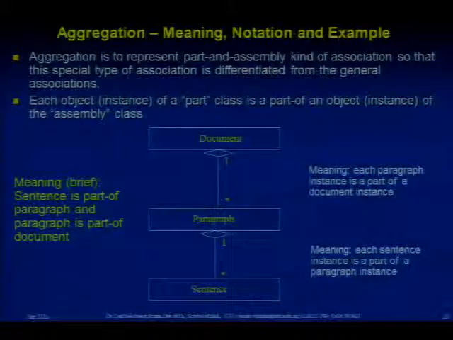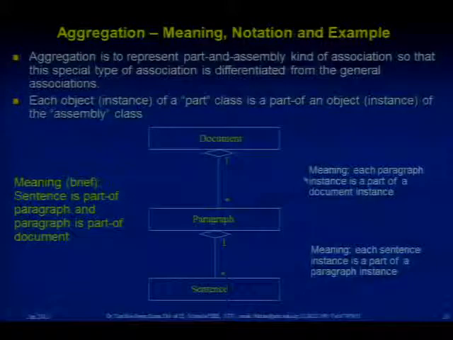So paragraph is part of one document, and each document can have many paragraphs in it. So this is a special type of interaction, a part and assembly kind of interaction. A document is an assembly of many paragraphs together, and paragraph is part of document.